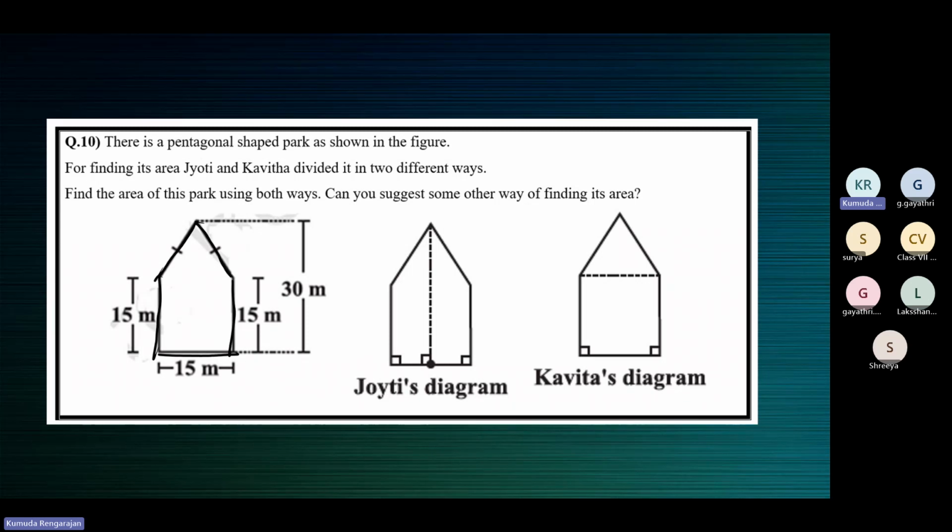Jyoti finds the area in a particular way, Kavita in a different way, but both will get the same answer because it's the same park. Jyoti connects like this, while Kavita connects like this. Find the area of this park using both methods.